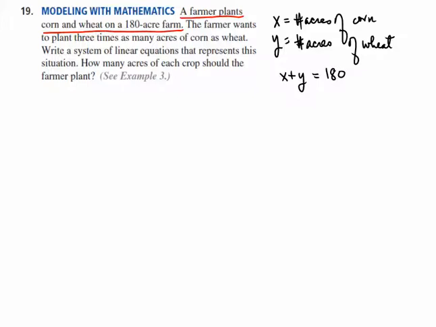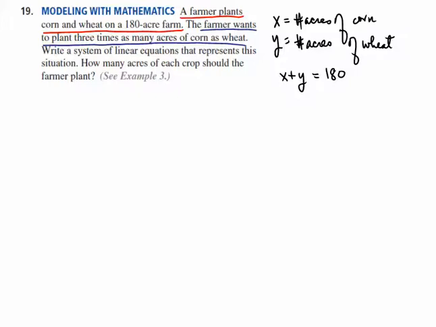Then the second thing we know is that the farmer wants to plant 3 times as many acres of corn as wheat. Now this sentence in English is very difficult to process. To me, the easiest way to think about this is to consider which one of these two in the end will have more. Will it be corn or wheat?